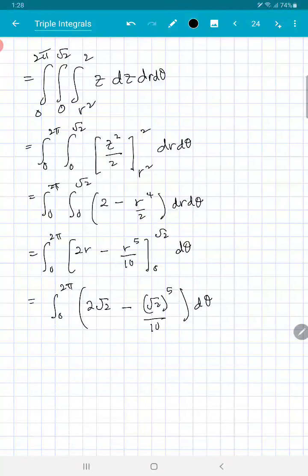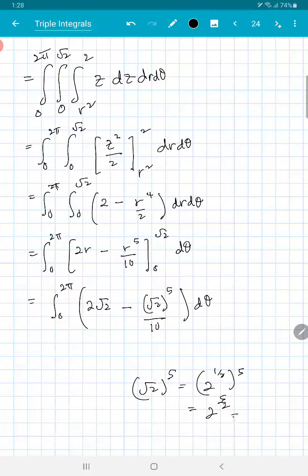Square root of 2 to the power of 5 is 2 to the 5 over 2, which is 2 to the 4 over 2 times 2 to the 1 over 2. That would be 2 squared times square root of 2, which is 4 square root of 2.